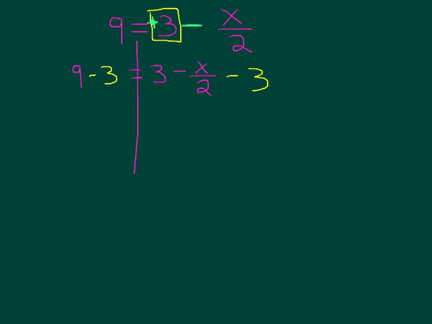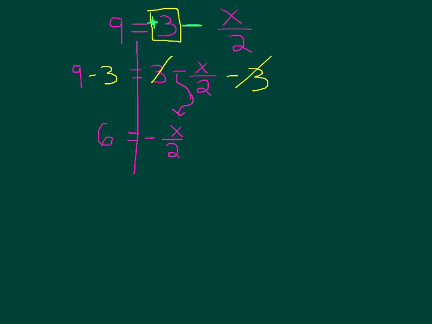So we subtract 3 here, subtract 3 here. On the right side, this 3 minus 3 cancels out. And then what do I have left over? I have a negative and then x over 2. Make sure that sign follows all the way down. And this is equal to 9 minus 3 is 6.